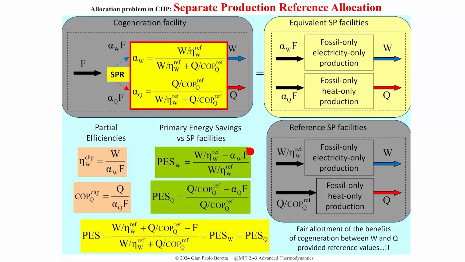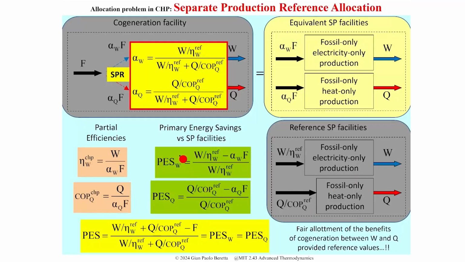So typically one would define these reference efficiencies for the separate production facilities, defined by some authority, and then define this coefficient of allocation as the weighted sum of what I would consume to produce that same amount of electricity and heat in separate production facilities.